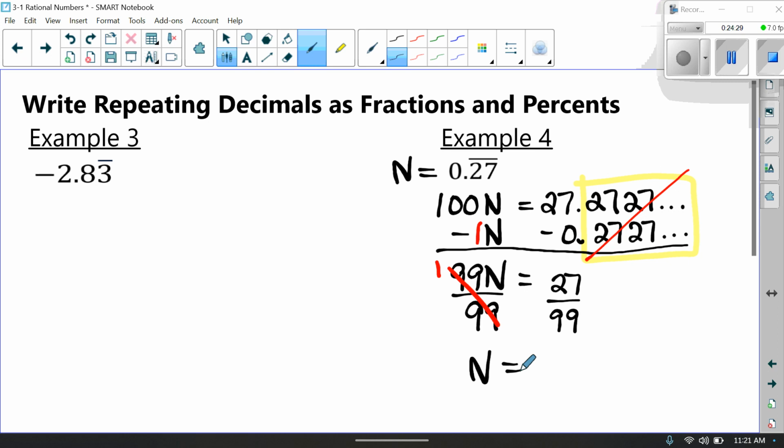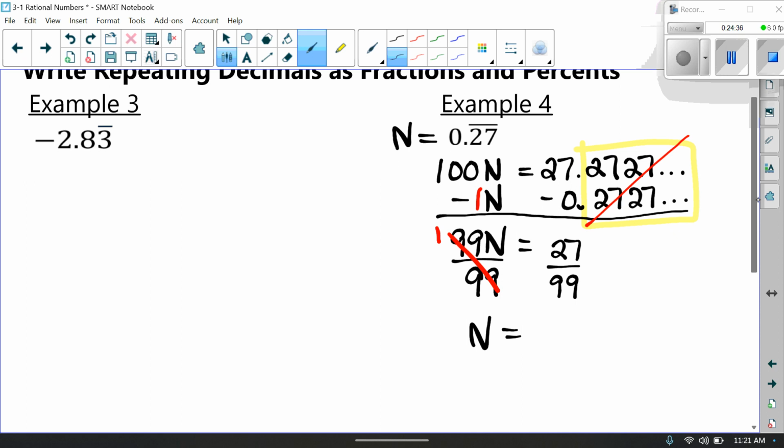Can I simplify 27 99ths? What can I divide by? We could do 3. We could do better than 3. 9.